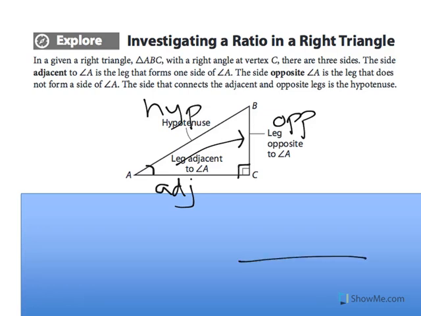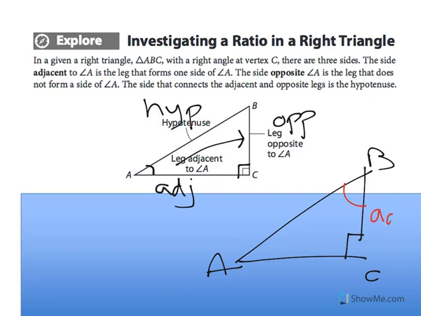So if I were to draw the same triangle, A, B, and C, and we observe from angle B, then this would be the adjacent side to angle B, and this would be the opposite side of angle B, and this is the hypotenuse. And the hypotenuse is always opposite of the right angle.